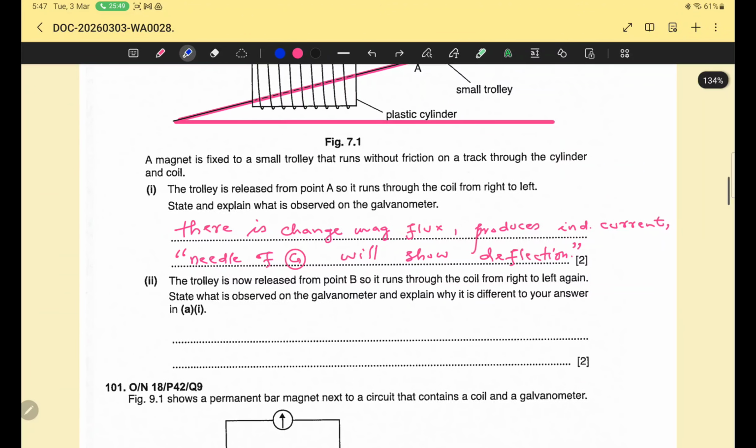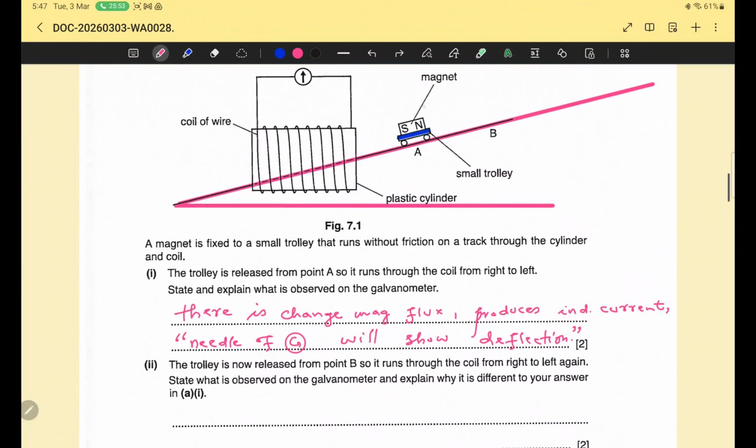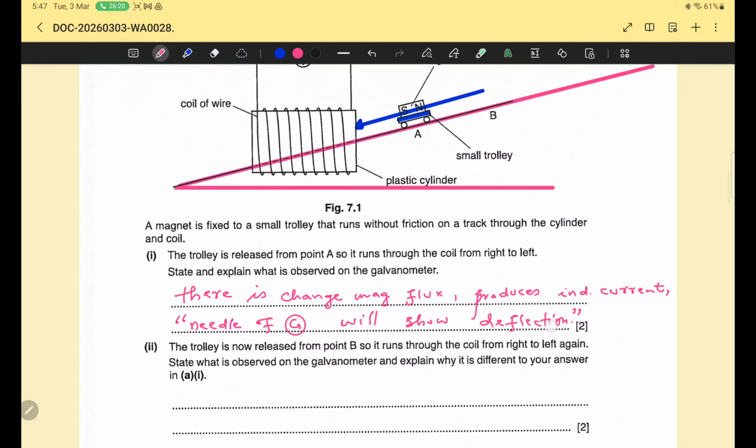And now the question is, the trolley is now released from point B. Okay. Initially, it is released from point A, and now they are changing the position, and now they are releasing from point B. You know, when it is released from point A, it enters at slow speed. But when it is released from point B, then the speed of the trolley will be faster.